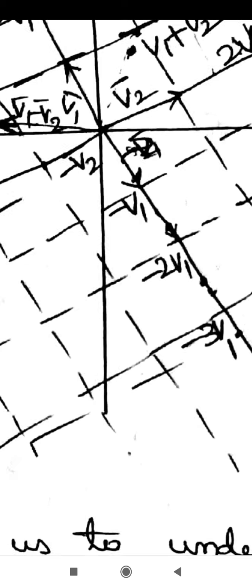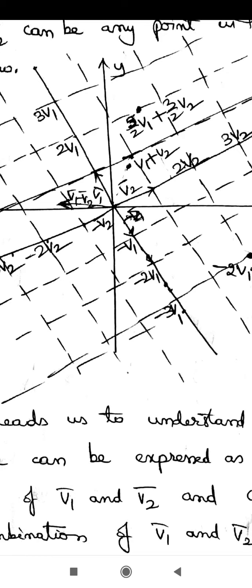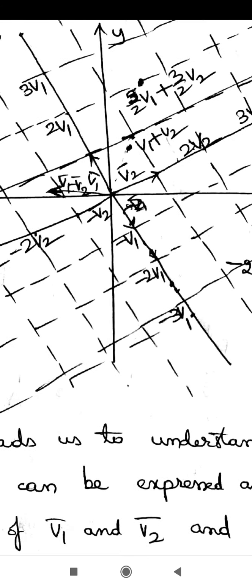In the same manner, as v2 is in the first quadrant, the negative of it, minus v2, is in the third quadrant, and we can see that whatever be the intersecting points lying in the second quadrant, third quadrant, and even the fourth quadrant, they have negative scalar multiples of v1 bar or v2 bar, or both of them, so that when added to the other scalar multiple, they will give rise to different linear combinations.